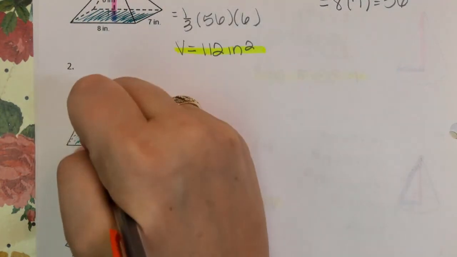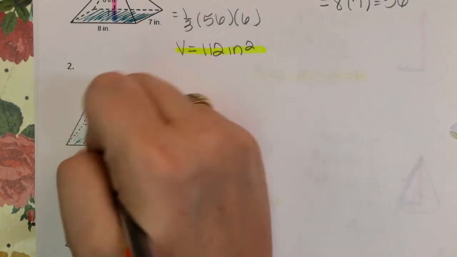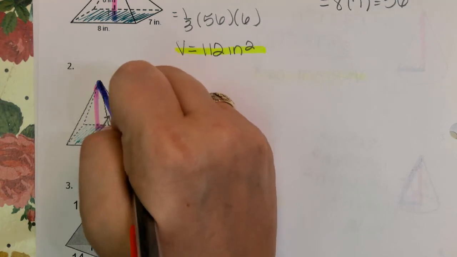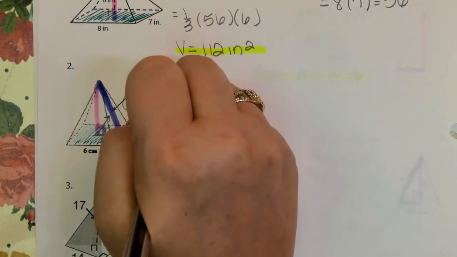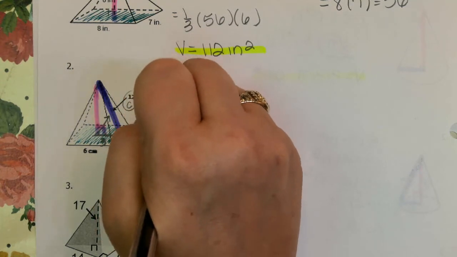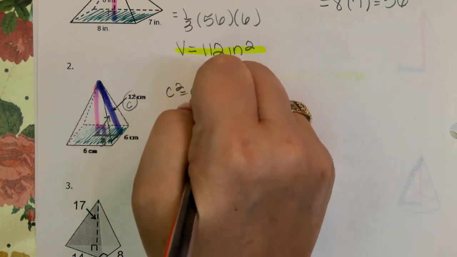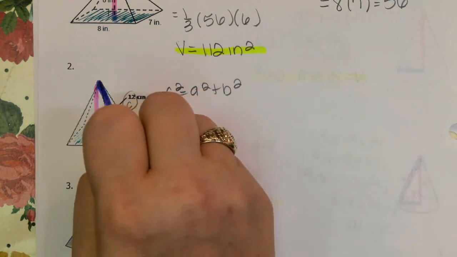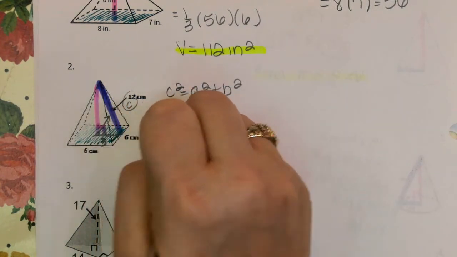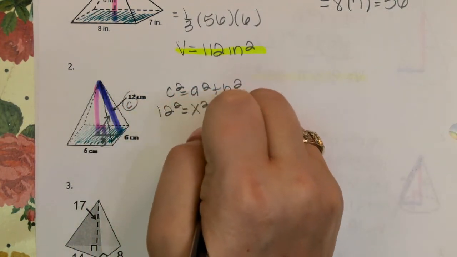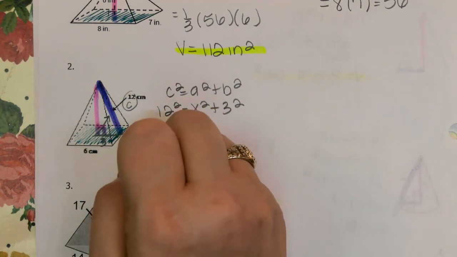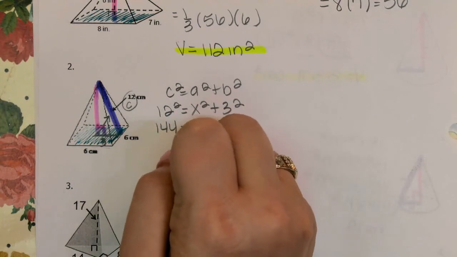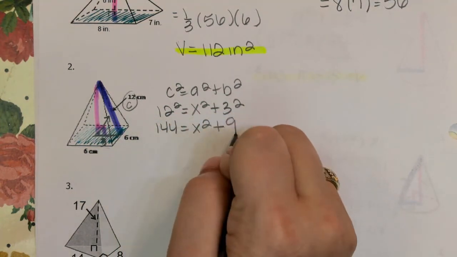So remember, C is always across from the 90-degree angle, so that's going to be my C. And the other ones are A and B. So C squared equals A squared plus B squared. So 12 squared equals X squared plus 3 squared. 12 squared is 144. 3 squared is 9.